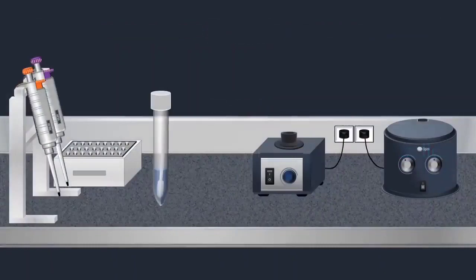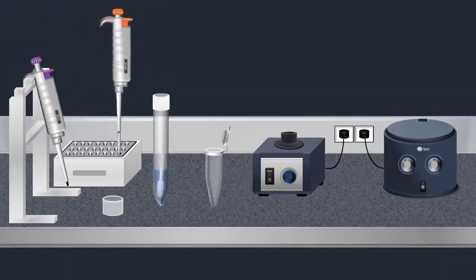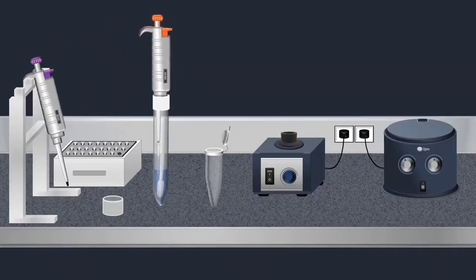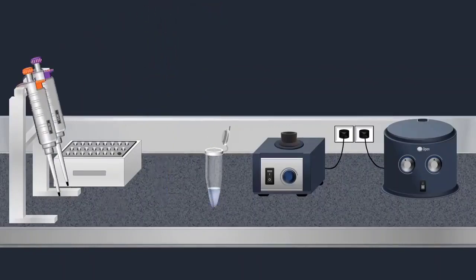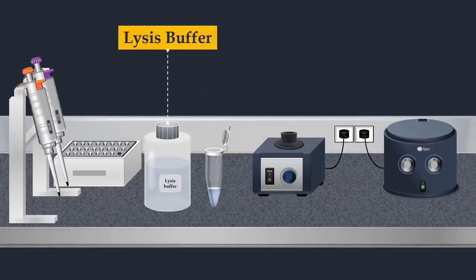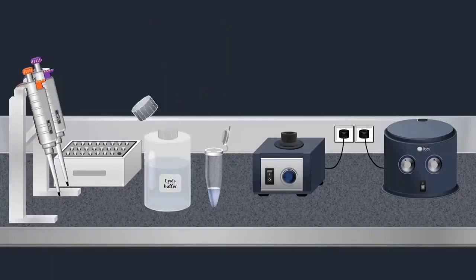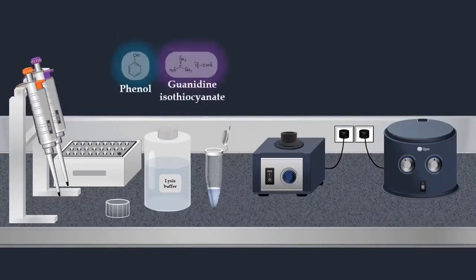To perform this method, basically viral RNA should be extracted. Several RNA purification kits are available for convenient, fast and effective isolation. To extract the viral RNA by using a commercial kit, the sample is first added into a microcentrifuge tube. Then it is mixed with a lysis buffer. This buffer is highly denaturing and usually consists of phenol and guanidine isothiocyanate.